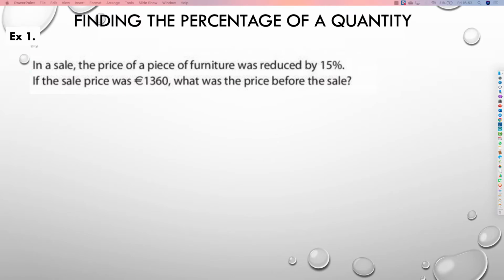Right, well, in a sale, the price of a piece of furniture was reduced by 15%. If the sale price was 1,360, what was the price before the sale?